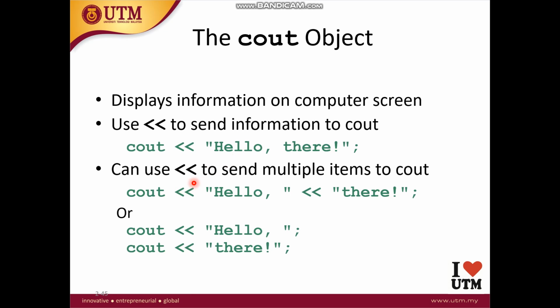This can be used in order to print multiple items: cout, hello, between two double quotes, and again this one in order to print other data. And it can be used in multiple statements or multiple lines.